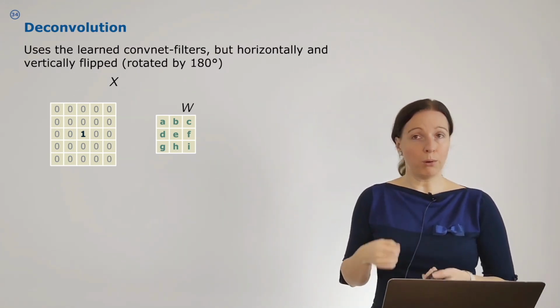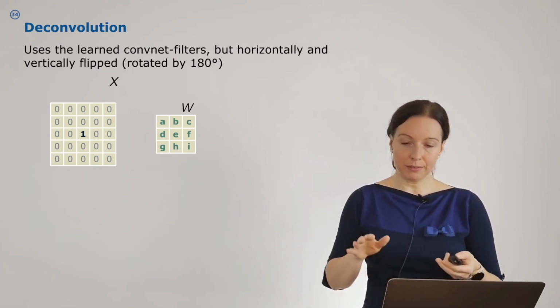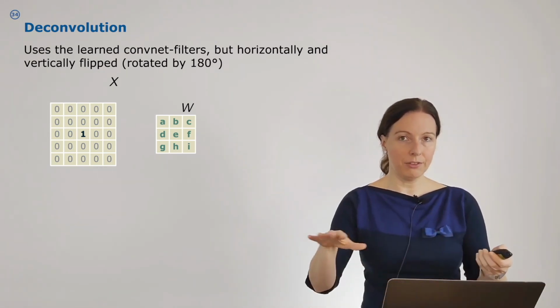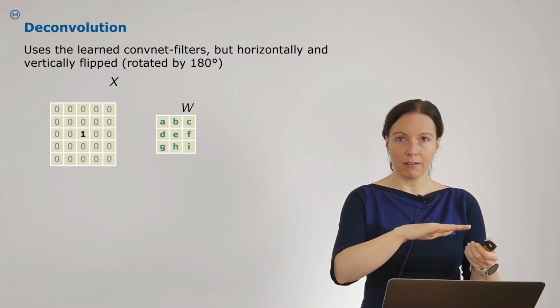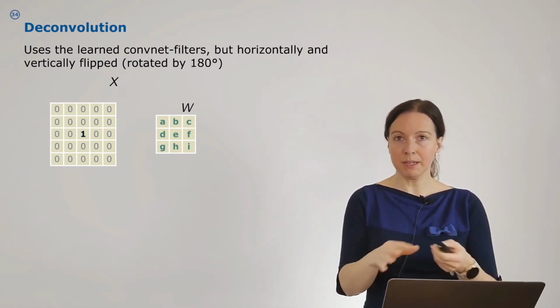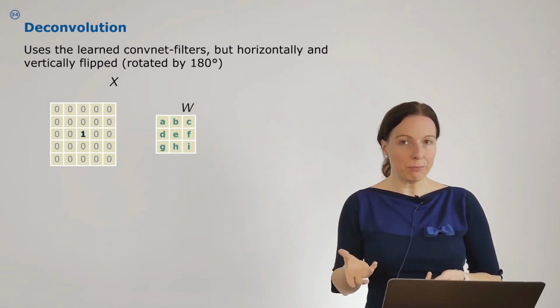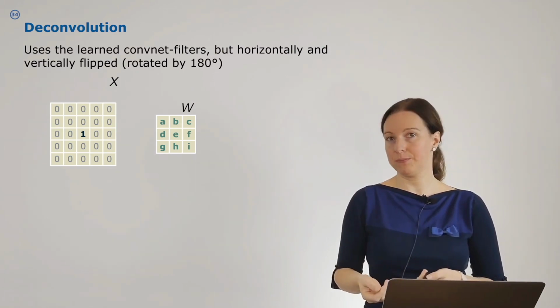Cross-correlation and convolution are both operations which are applied to images. Cross-correlation means sliding a filter over the image and then multiplying and summing. And convolution means sliding a flipped kernel across an image.